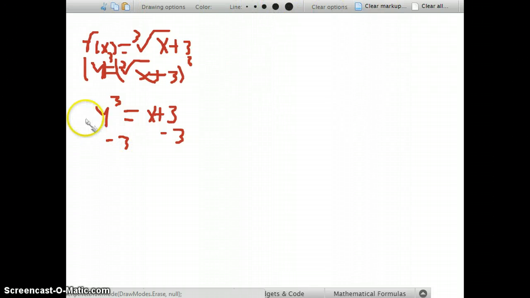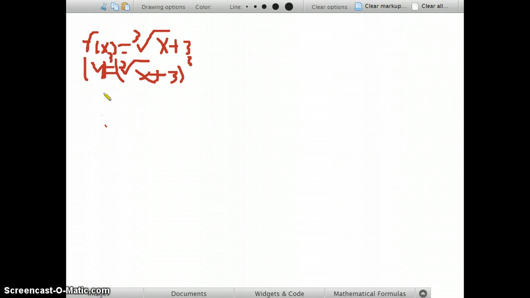I forgot to interchange. Forgive me. This is a simple mistake, so please try not to do what I just did. X equals cubic root of y plus 3. So then, do the same thing.